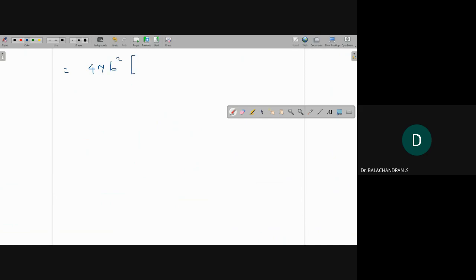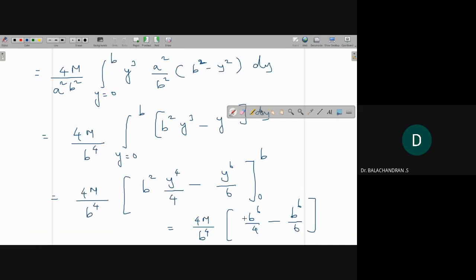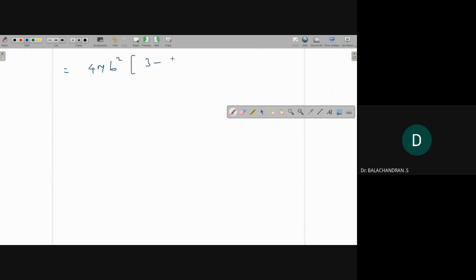Okay, here if you take 12, you have what? 3 minus 2 by 12. So final answer m b square by 3. So this is actually Ix.